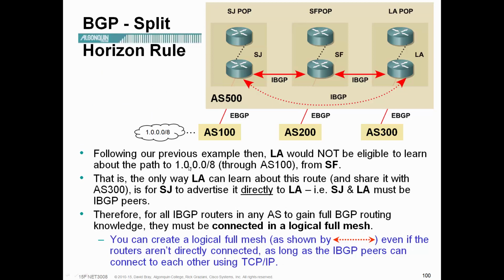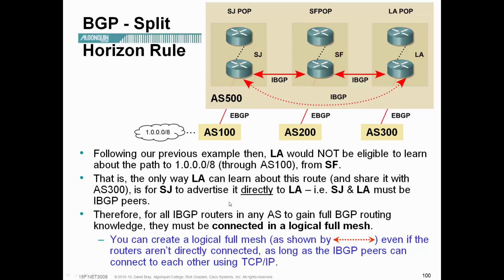Going to the next slide, given the example we just talked about, LA would not be eligible to learn about the path to 1/8 from SF. In other words, SJ learning this path can share it with SF, but LA wouldn't know about it unless there was this extra dotted line here, this internal peering, directly between SJ and LA.